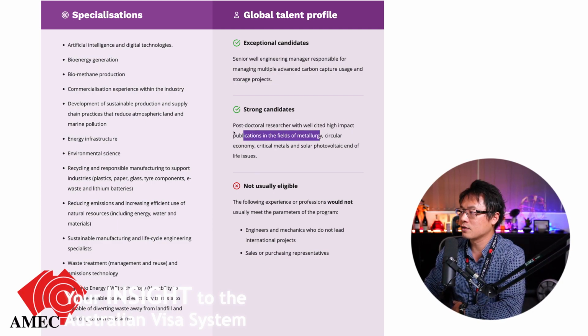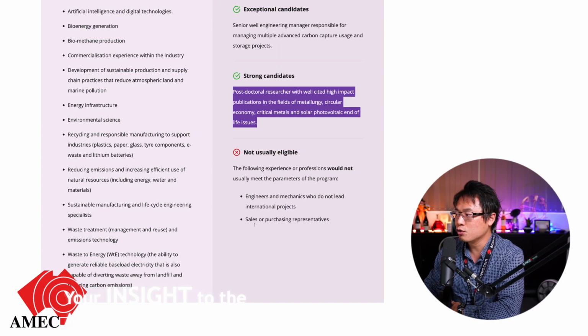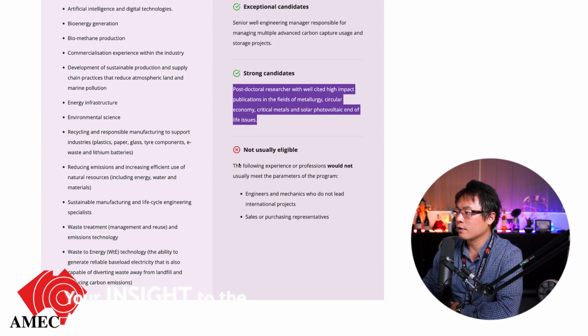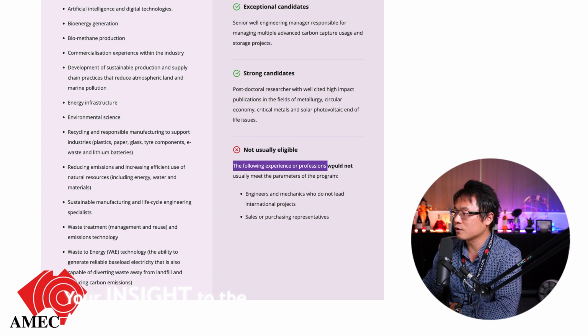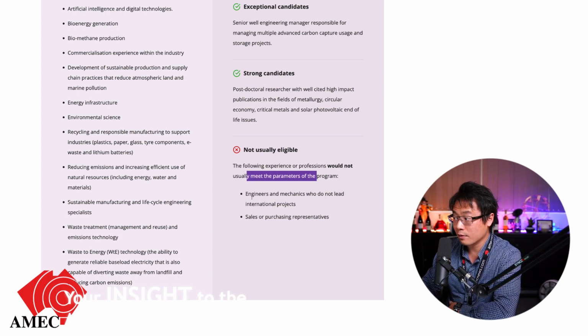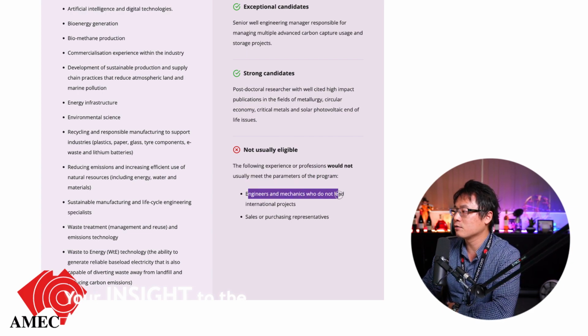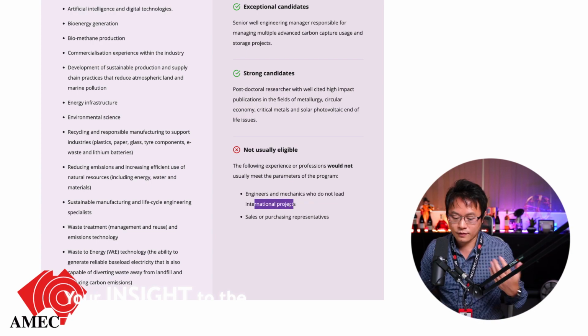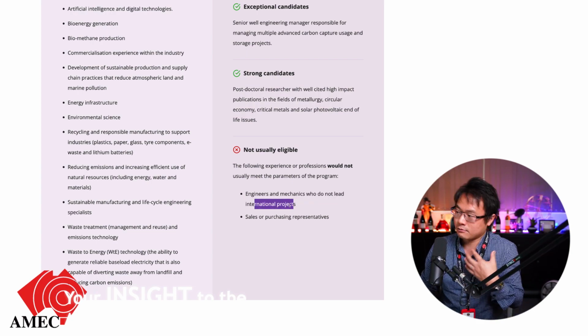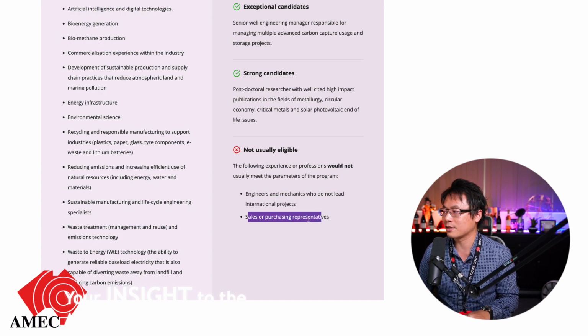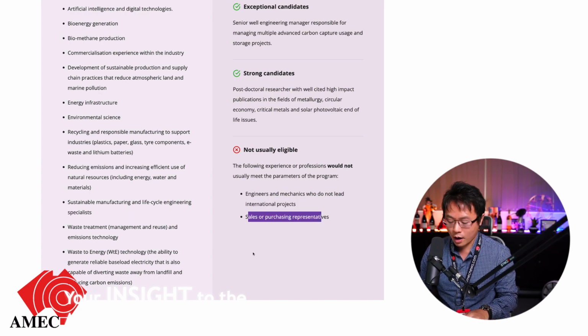So again, that's another thing there. Not usually eligible: the following experience or profession would not usually meet the parameters. So an engineer or mechanical worker that does not lead international projects. Obviously, if you're just an engineer, or a sales and purchase representative, you're not going to meet these requirements.